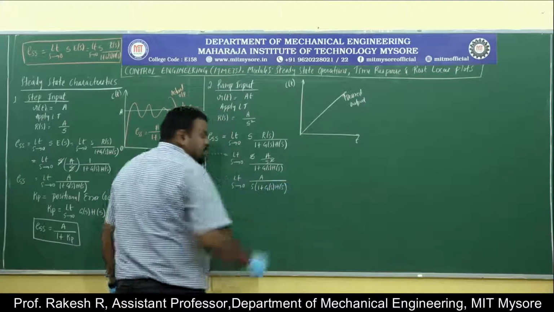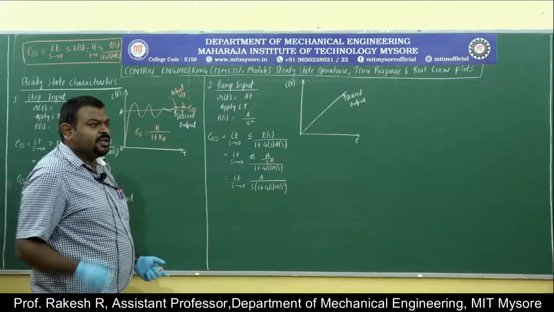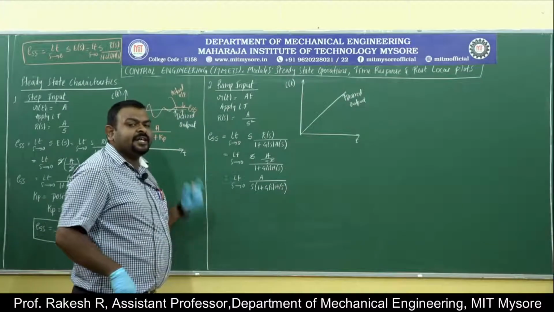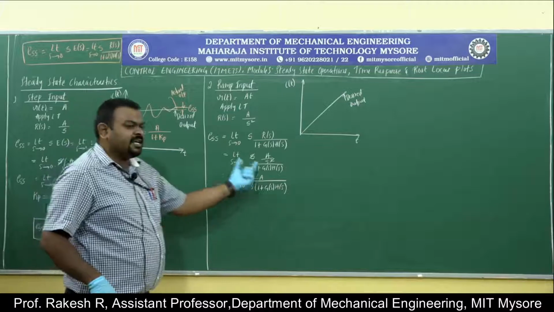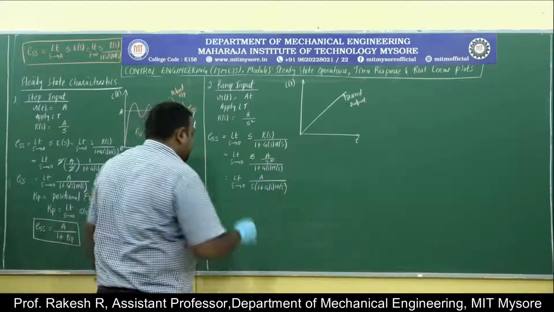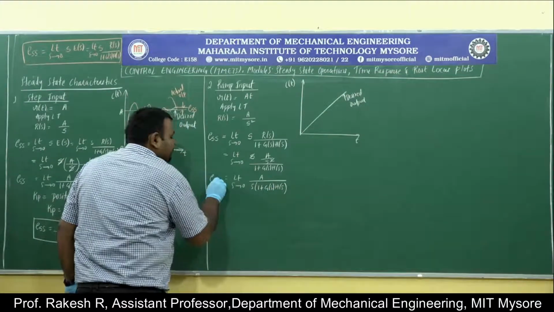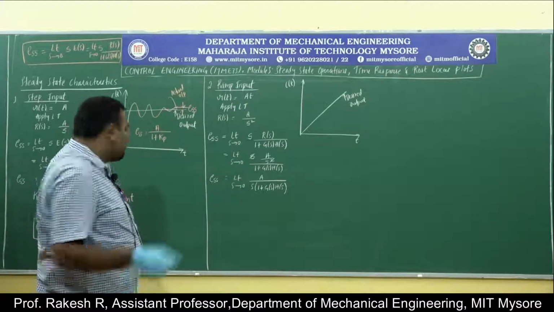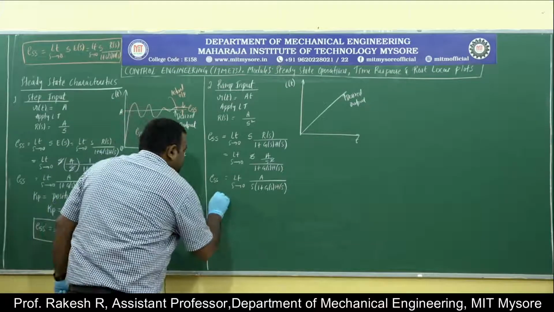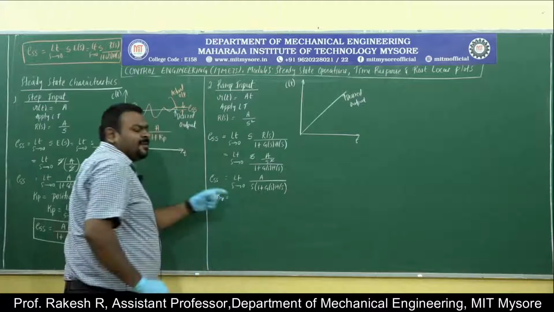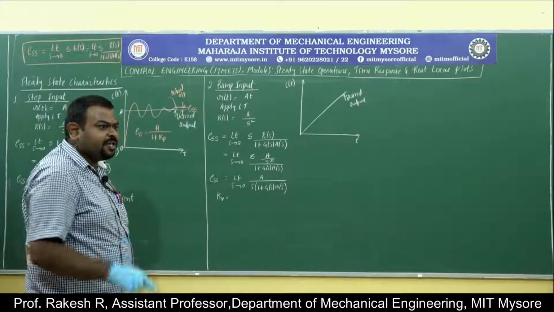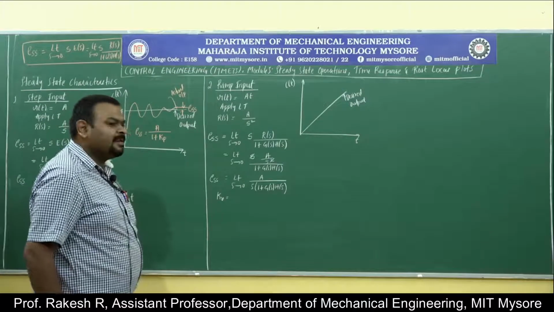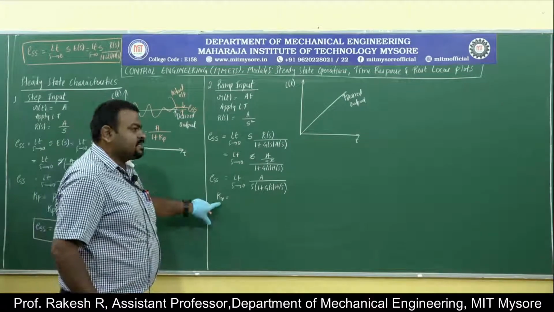into H of s. Again there is a trouble. You have an s term in the denominator. When you substitute the s here, the value will be changing. Hence, for simplification, I will be defining another proportionality constant similar to the positional error coefficient. So this is Kv.